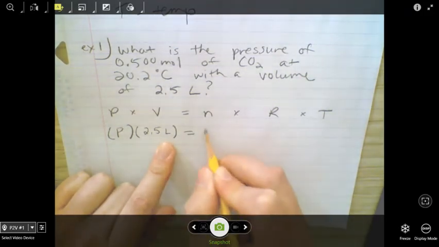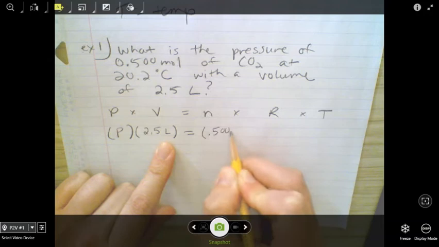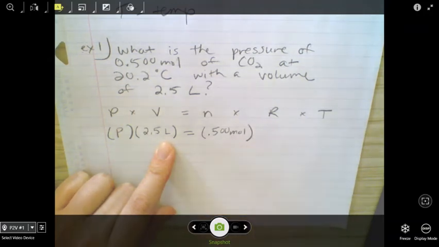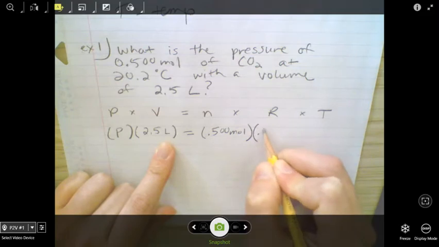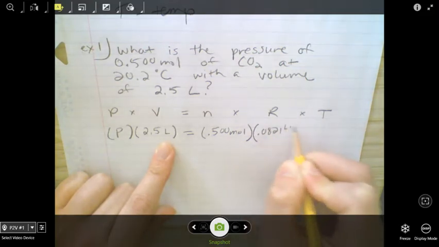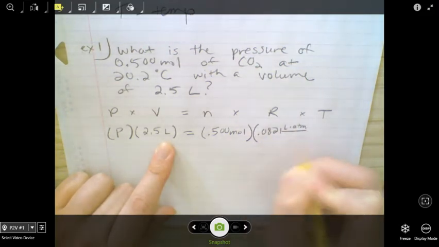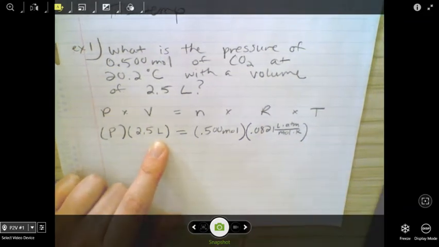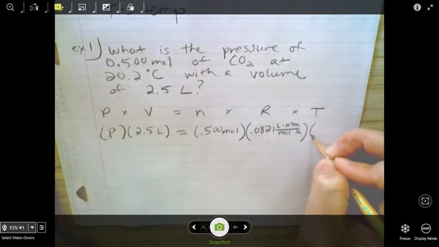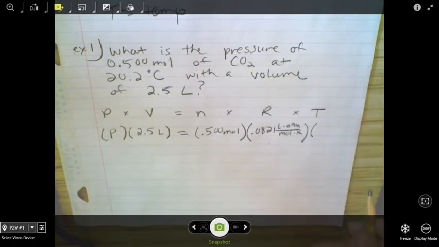Equals, n is moles, 0.500 mol. Keep your unit. R is always the same thing, 0.0821 liter atmospheres per mole Kelvin. That's from your pink sheet. And the temperature in Kelvin, what's 20.2 plus 273? 293.2.